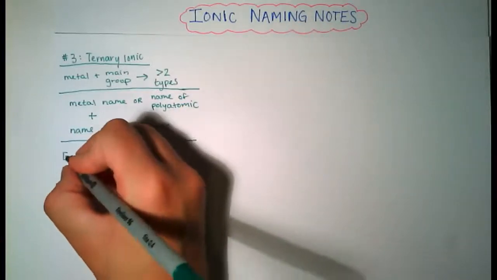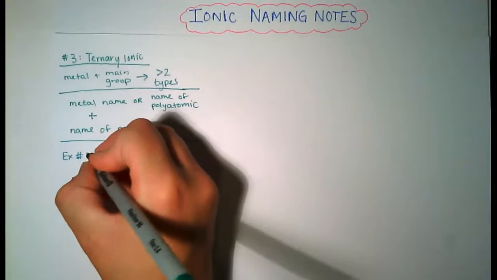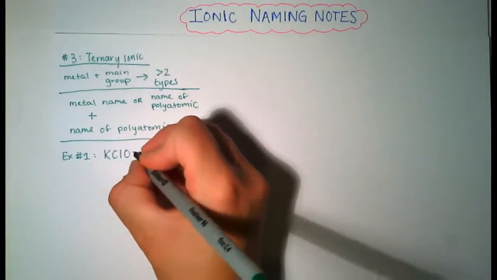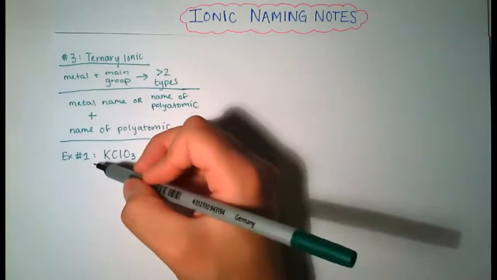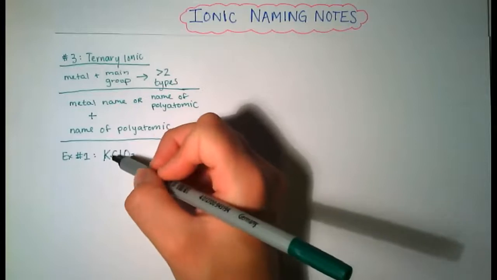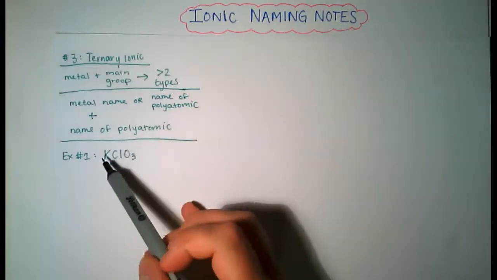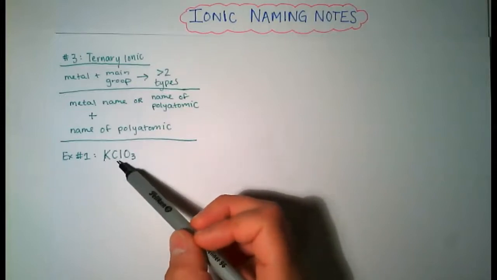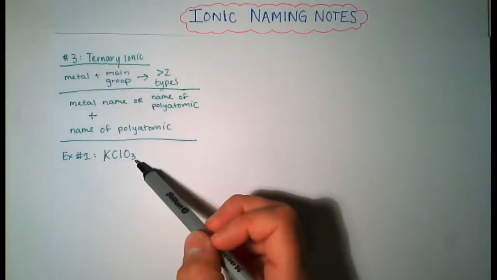So example 1, we have KClO3. So we know this is ternary ionic because potassium is a metal and it's a main group metal. And then we have more than 2 types of elements because we have potassium, chlorine, and oxygen.